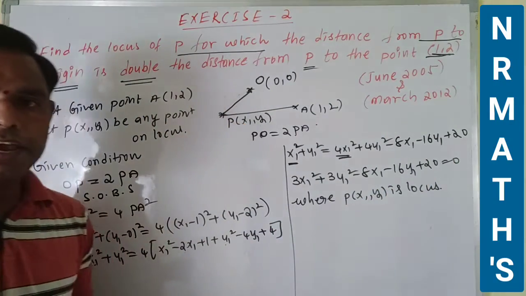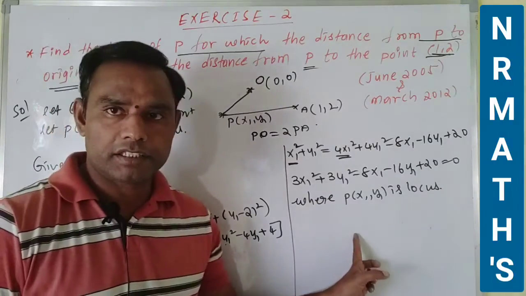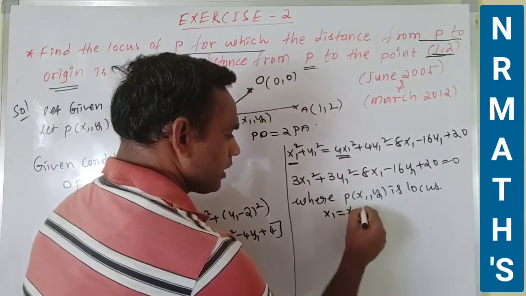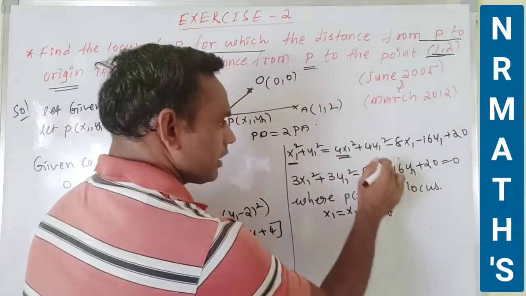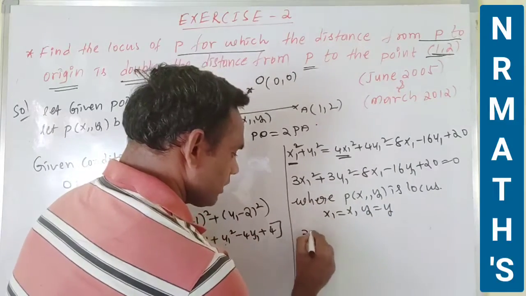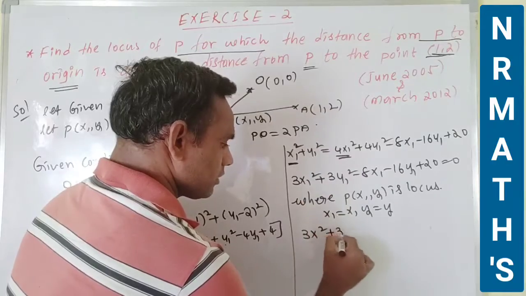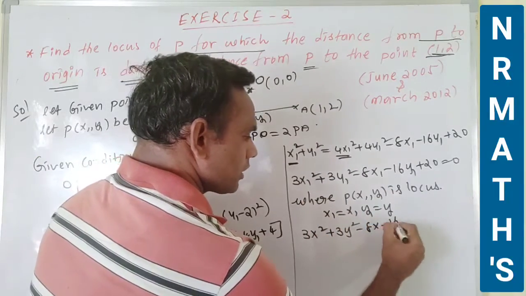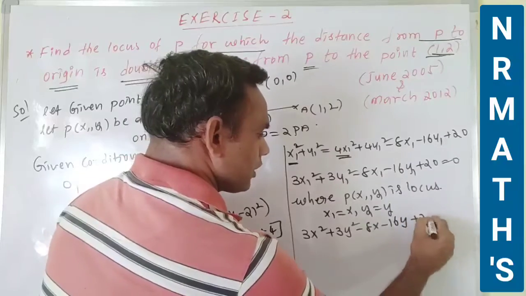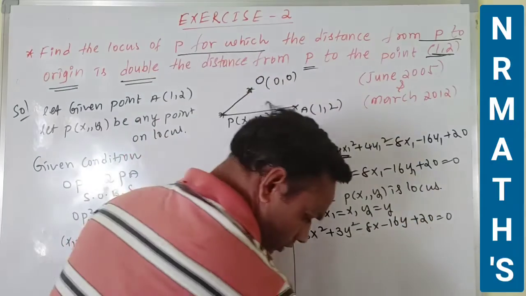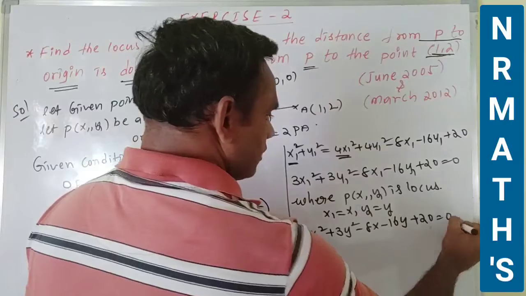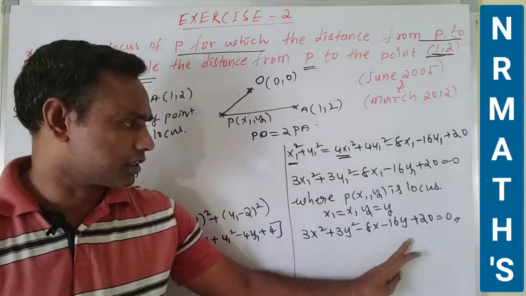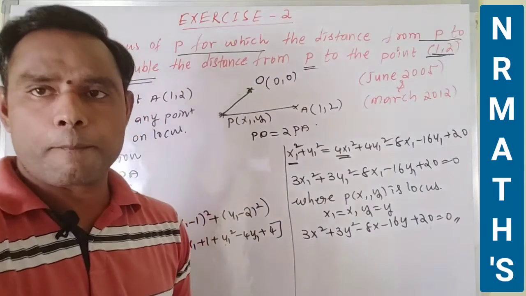Now substitute x for x1 and y for y1, so x1 is equal to x, y1 is equal to y. Now it means 3x square plus 3y square minus 8x minus 16y plus 20 equal to 0. Now the required locus is 3x square plus 3y square minus 8x minus 16y plus 20 equal to 0.